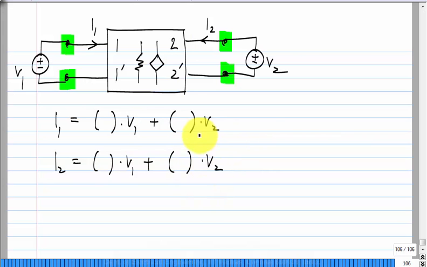So these four numbers together will describe the two port, right? So again, just like you can have one port with thousands of components, but at the port it is described by a single number. Here a two port can have thousands of components, but as long as you are looking at the behavior at the ports, it can be described by just four numbers.